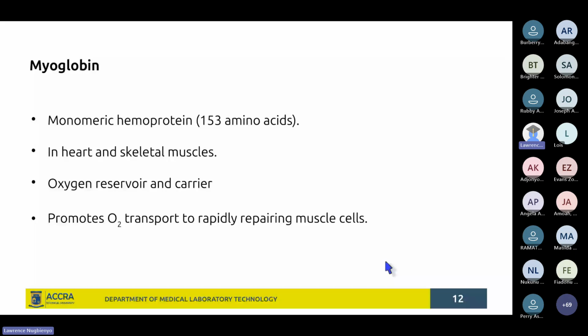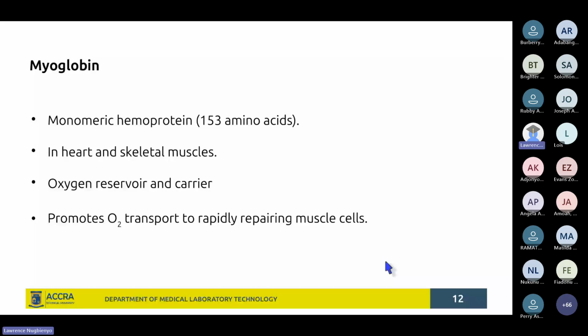But myoglobin is a monomeric protein. So think of it as hemoglobin being made up of 2 alpha chains and 2 beta chains, but myoglobin is just made up of 1 protein, globin, with a heme in it. And that's it, nothing else.